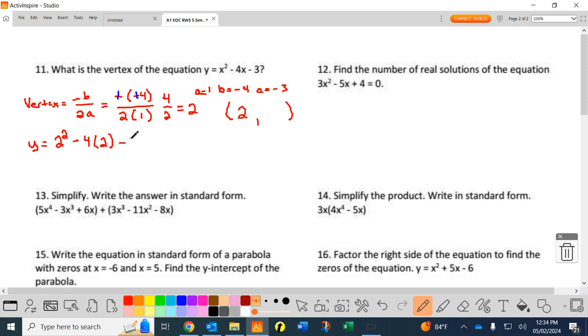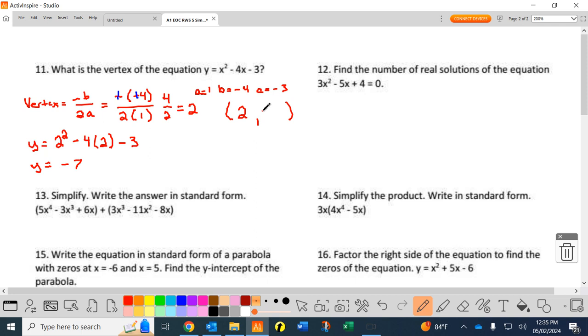If you type that into the calculator, that gives you a total of -7. So that is the y part of our vertex, which is going to be right here at -7.